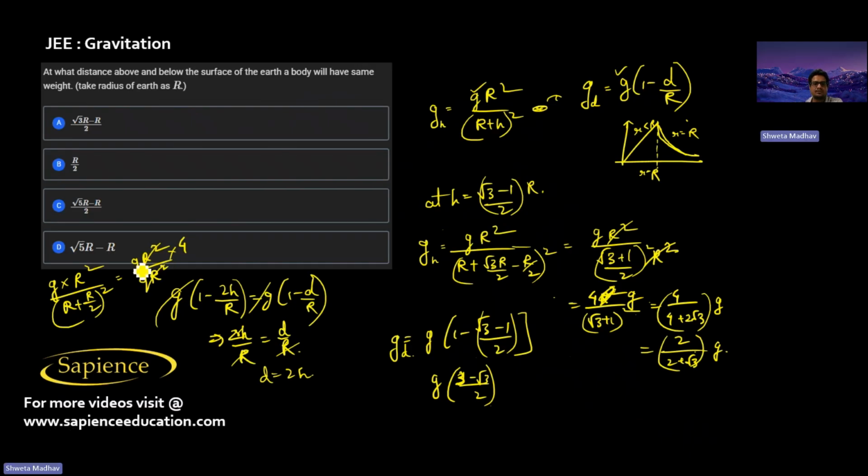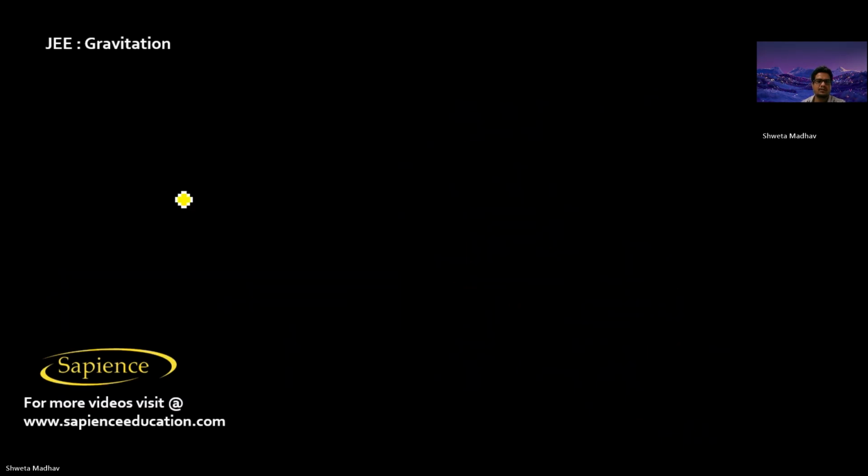At root 5, just check option C. So at h equal to root 5 minus 1 by 2 into R, the value of g at that height will be g R square by R plus h, that is R plus root 5 R by 2 minus R by 2 whole square.